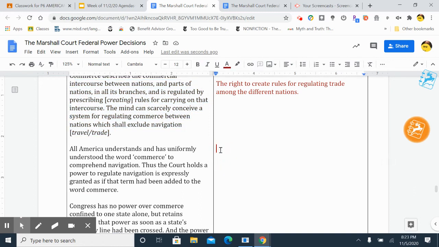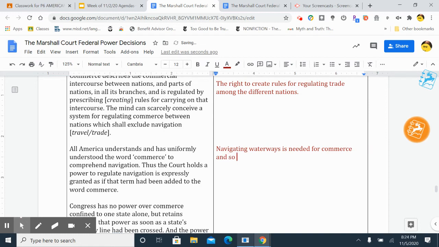Let's look at this one. All Americans understand and has uniformly understood the word commerce to comprehend navigation. Thus, the court holds a power to regulate navigation is expressly granted as if that term had been added to the word commerce. So, commerce, navigating waterways is needed for commerce.